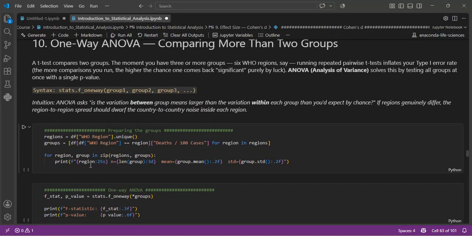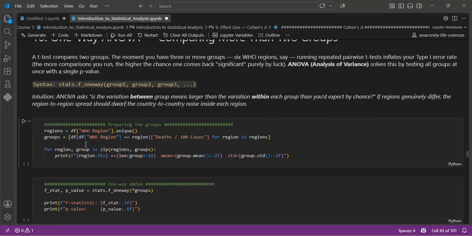So let me read the intuition. ANOVA asks, is the variation between group means larger than the variation within each group that you would expect by chance? If regions genuinely differ, the region to region spread should dwarf the country to country noise inside each region.